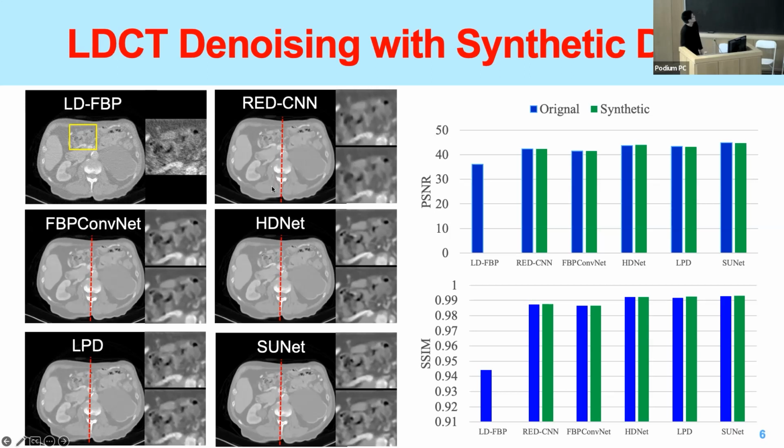From the results, we can see the results from different methods have some differences. However, for each method, the results are very similar. The same tendencies can be observed in this PSNR and SSIM, which illustrates that using the synthetic dataset to train the denoising neural network is a feasible approach.